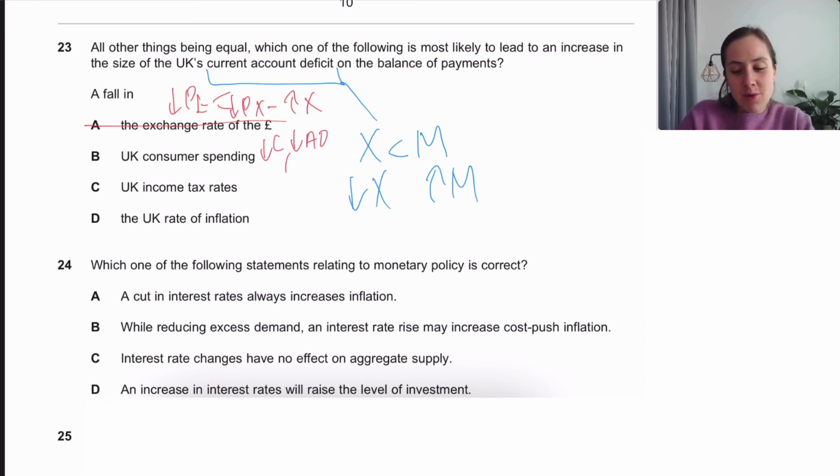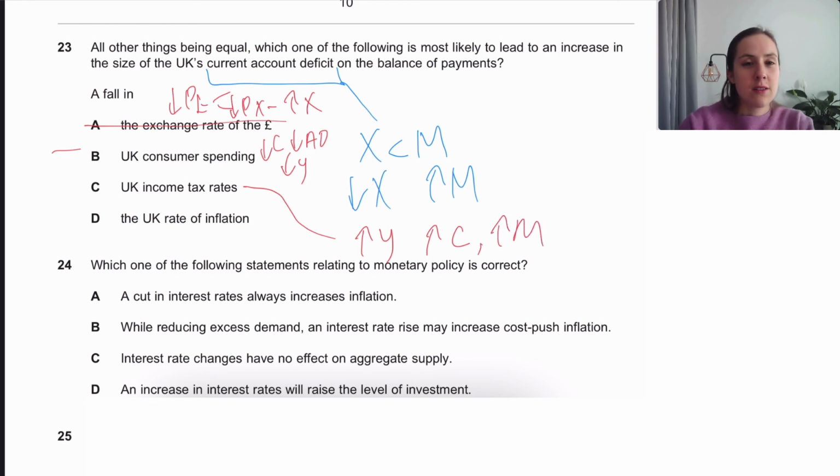I'm not linking it to X minus M so easily. I'm going to skip that one. If there's less income tax, you will have more disposable income and there'll be more spending. So a fall in taxes should lead to more spending, including on things like imports, which means it's the answer.